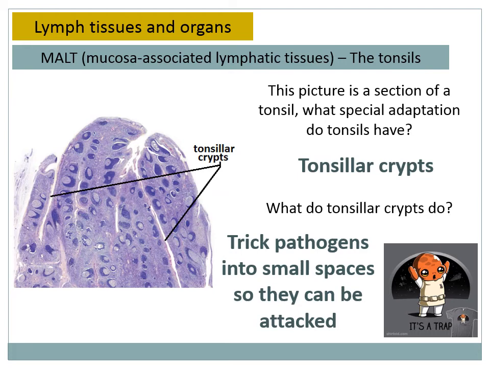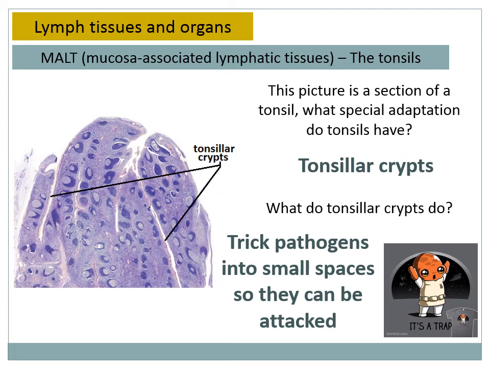It's going to trick those pathogens into these small spaces so that our body can attack them. Essentially, it's a trap. It's like, oh yes, here's a free entrance into the body, come on down. The pathogen will slowly make its way down, and then it'll get trapped, and our immune system can go ahead and attack it.